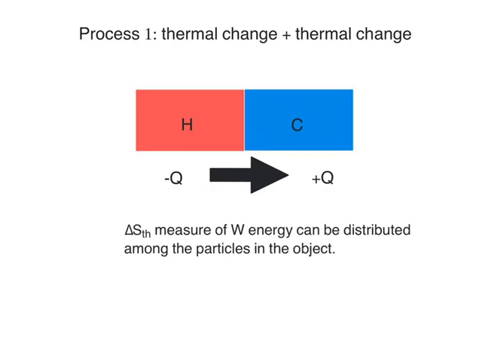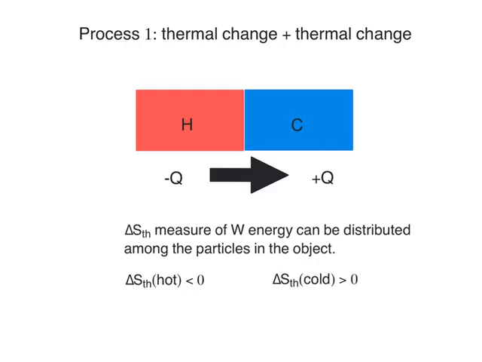We define delta S thermal as a measure of the number of the ways energy can be distributed amongst the particles in the object. It seems reasonable that delta S thermal for the hot object will be negative. As energy leaves the object, there will be fewer ways for the remaining thermal energy to be distributed.